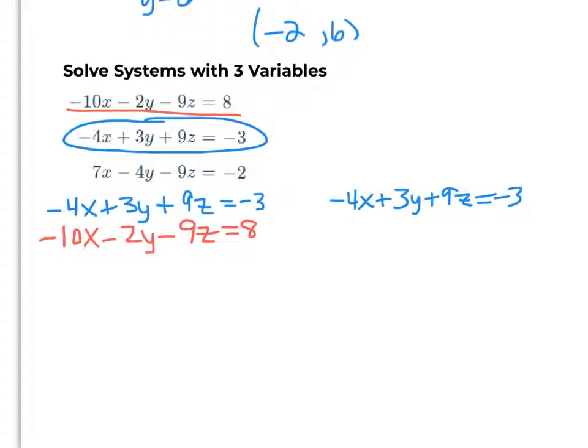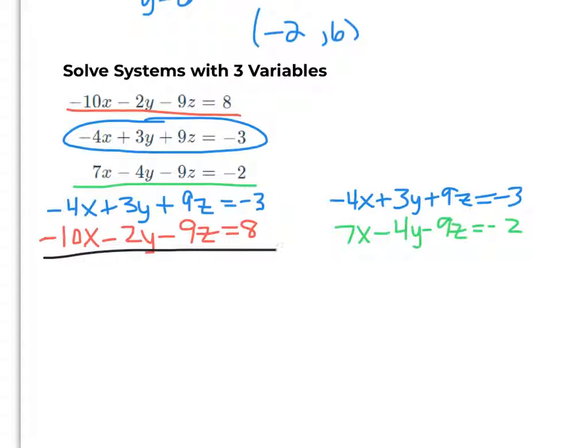The main thing with these is you have to watch your signs really well here, because if you miss one negative, then you'll definitely have tears later. You don't need tears. Okay, so this one gives me, once I combine, negative 14x plus y equals 5.